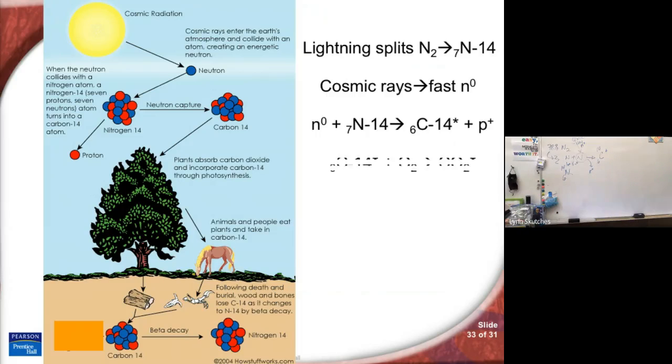That process happens in the atmosphere. That carbon doesn't just hang out in the atmosphere, it gets attached to oxygen. And of course, carbon with 2 oxygens makes carbon dioxide. Okay. That's radioactive.